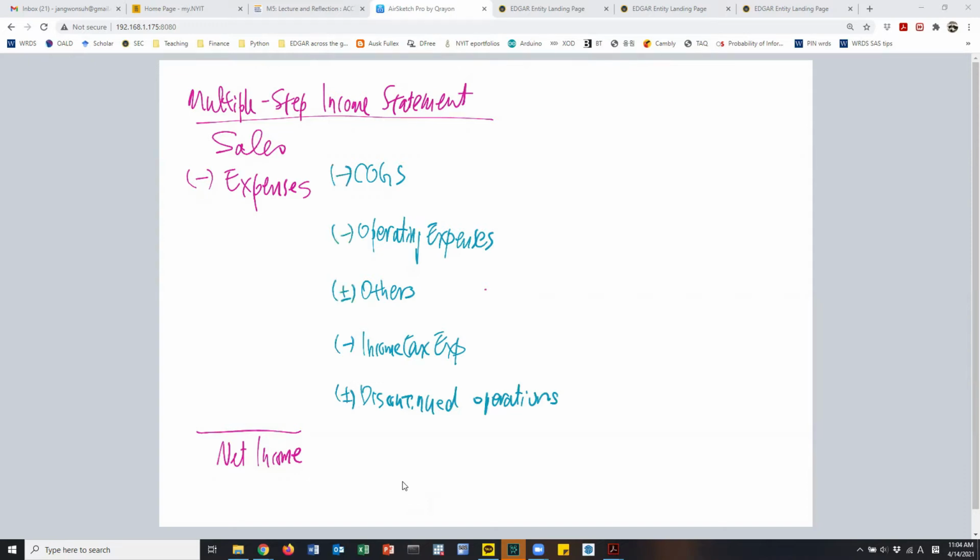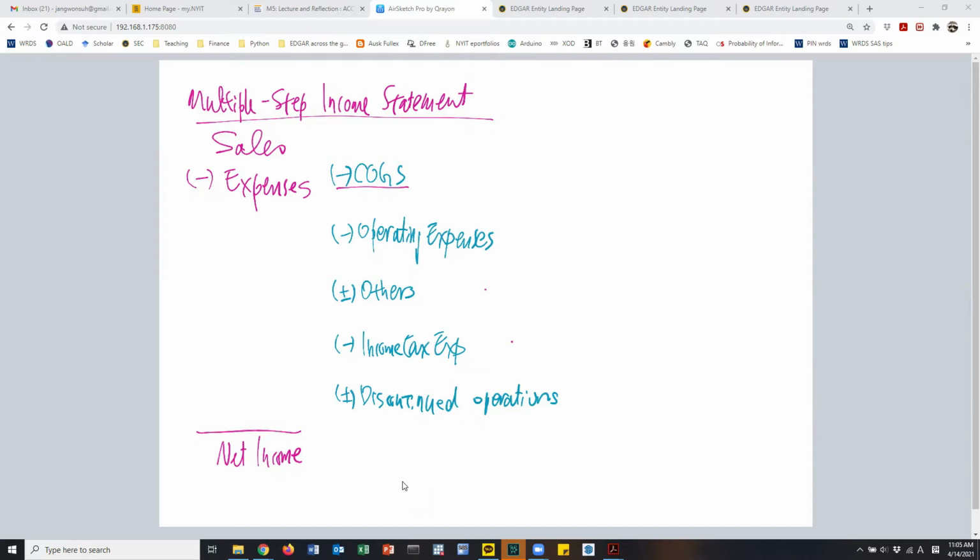Okay, we distinguish costs into these different categories so that we can give investors information of different types of profitabilities, different measures of profitabilities. Sales is one of the measures of profitability.